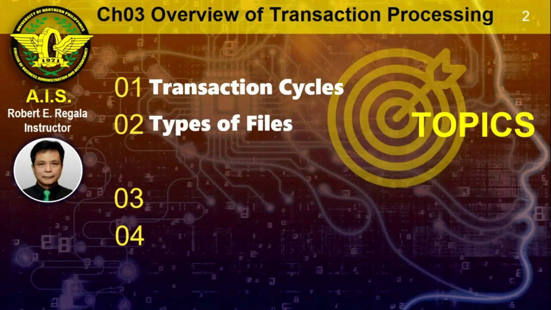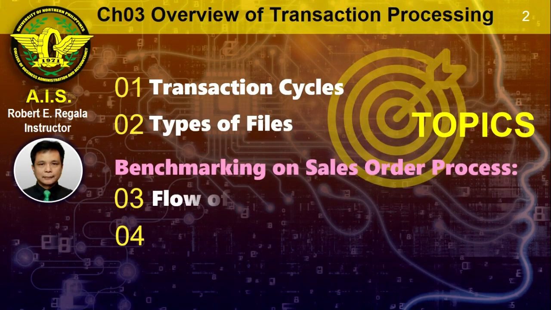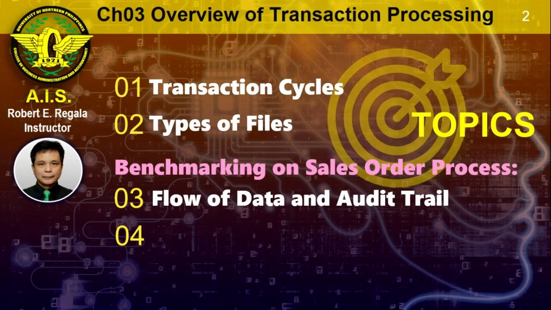The next two topics will be discussed: benchmarking on the sales order process. 3. Flow of data. Depicts how data is captured and goes from one file to another, ending in the general ledger master file that becomes the basis for the generation of financial statements. And lastly, 4.